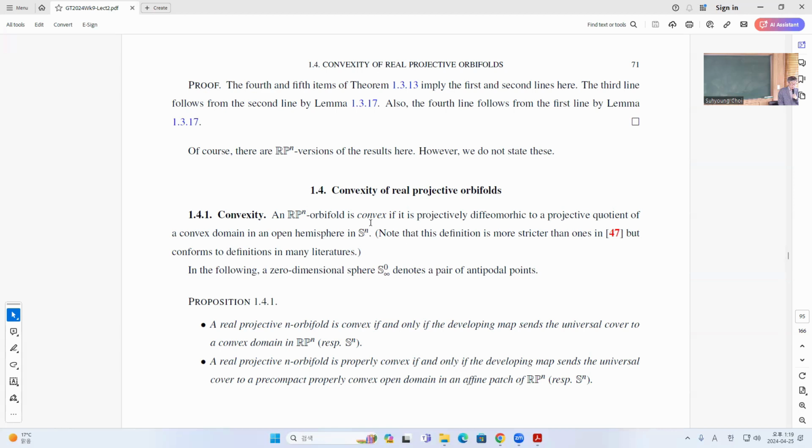So you define the convex orbifold to be convex if it's diffeomorphic, so there's a spelling error, to the projective quotient of a convex domain in an open hemisphere.